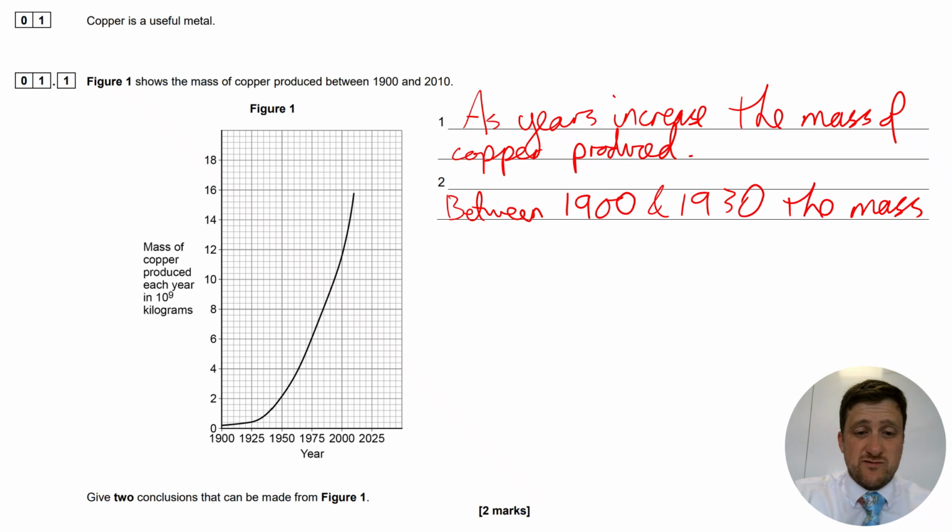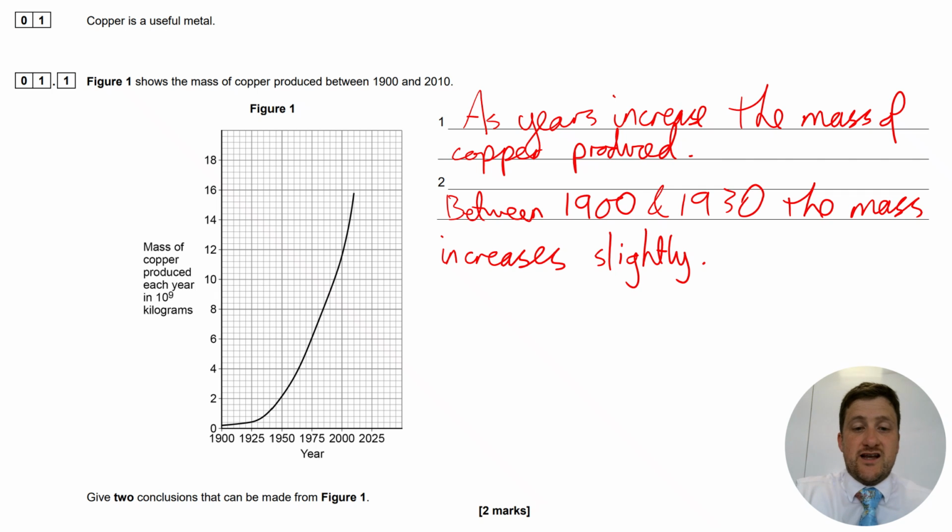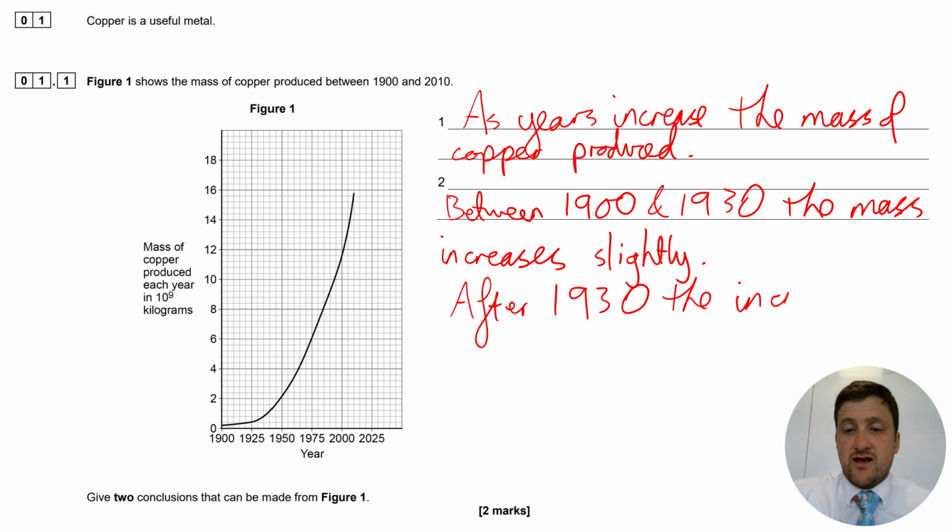So barely, there is an increase, but it's not very much. But then after that, so that's another one. So you can say it increases. This is going into a little bit more detail, because then after 1930, the increase is rapid. And all of this is adding extra detail.